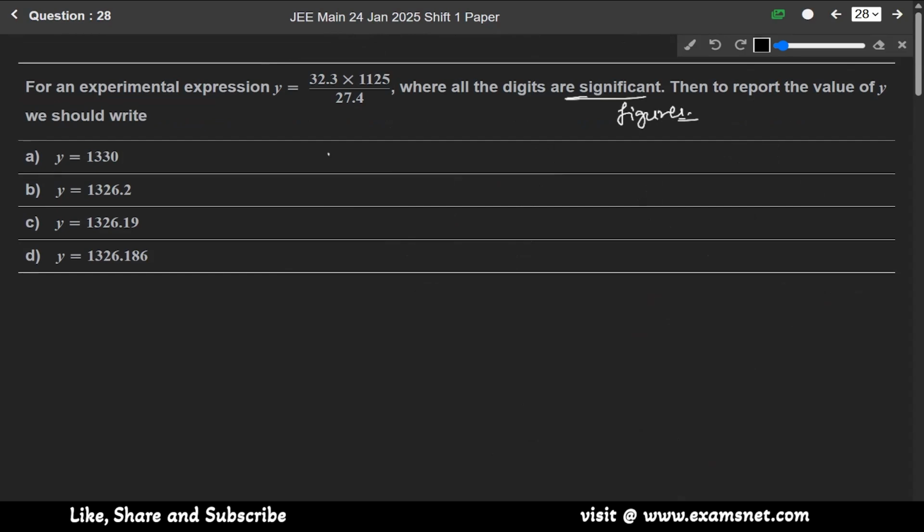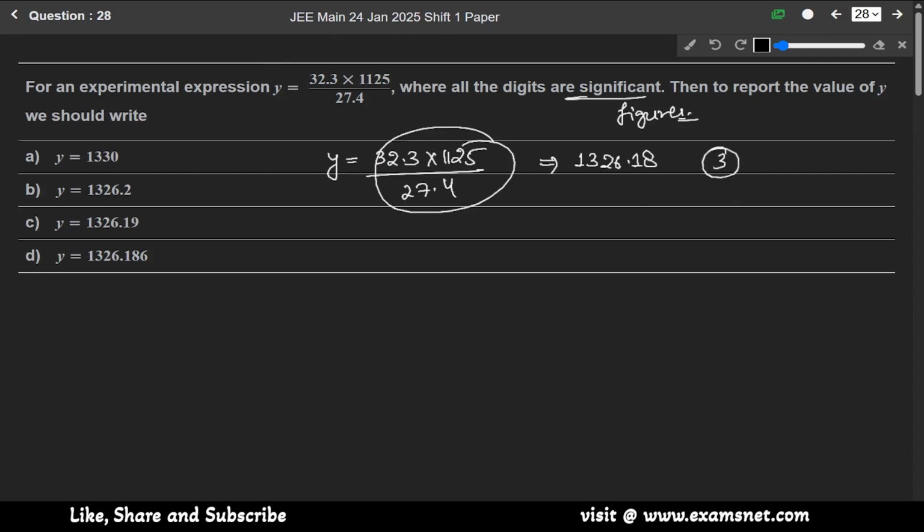So here y is given as 32.3 into 1125 over 27.4, and when we solve this, we get 1326.18. We will correct it to three significant figures, which means y will be equal to 1330. So the correct answer is option A, 1330.